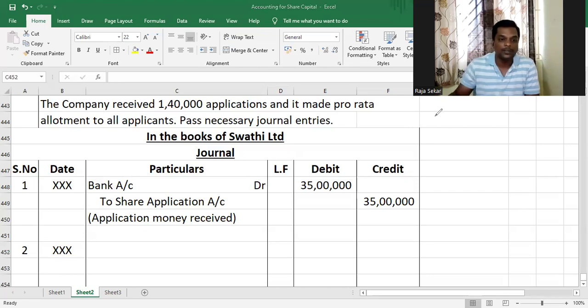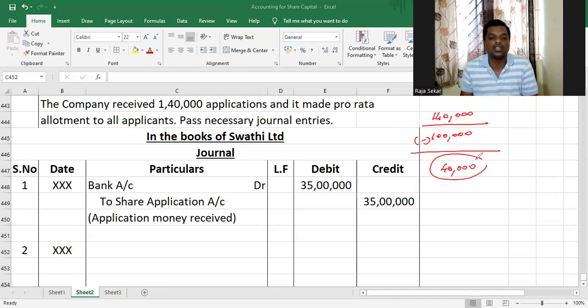So what happens is we receive 1,40,000 applications and 1 lakh shares have been allotted. If you subtract the 1 lakh shares, you find that 40,000 applications have been received in advance. But these 40,000 applications belong to the shareholders who have been allotted 1 lakh shares, because we made pro rata allotment. So for every applicant, a certain portion of share capital has been allotted.